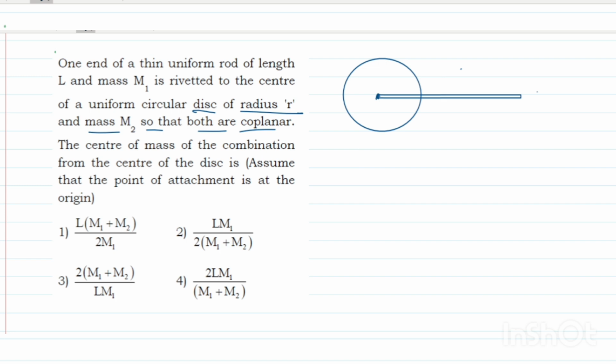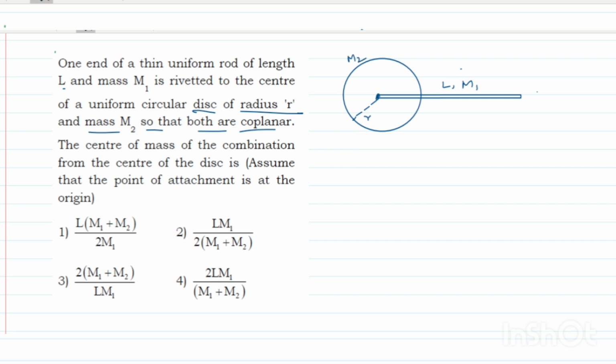A thin uniform rod of length L and mass m1 is riveted to the center of a uniform circular disc, whose radius is given as r. And the mass of the disc is given as m2.